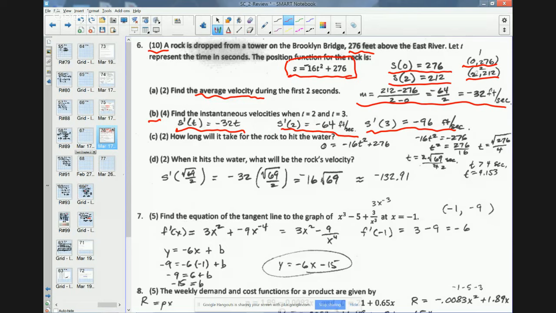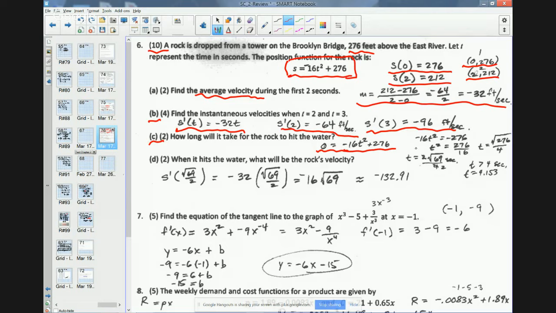Part C. How long will it take for the rock to hit the water? This is totally an algebra problem. It has nothing to do with calculus. Well, obviously it agrees with calculus, but it's really algebra. When is the height, this equation they gave us in the beginning, equal to a height of 0?